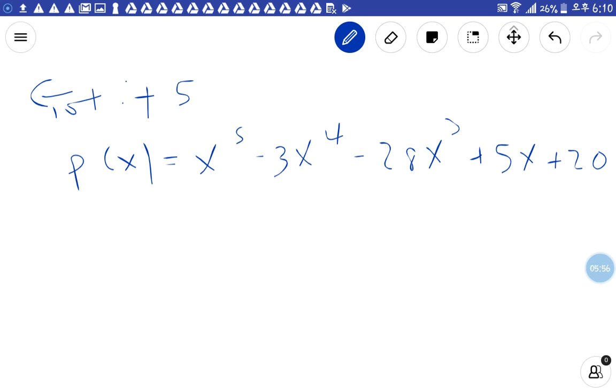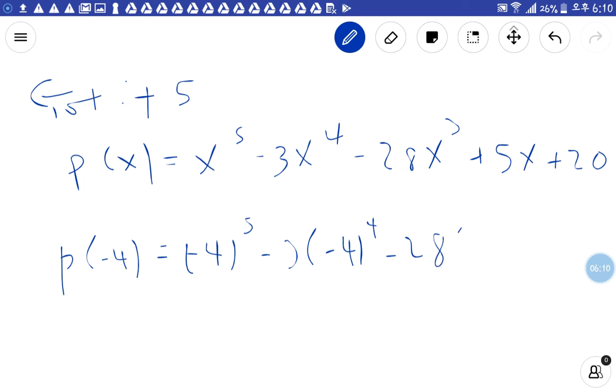Which is plug in negative 4 everywhere. So p of negative 4 is negative 4 to the 5th power minus 3 times negative 4 to the 4th power minus 28 times negative 4 to the 3rd power plus 5 times negative 4 plus 20.